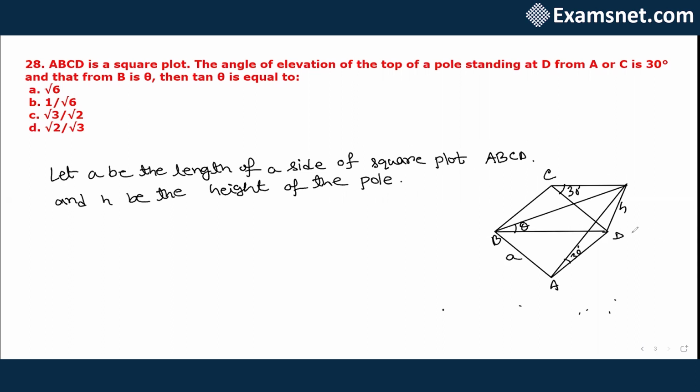And since the elevation of point P, say P, from the point A and from the point C is 30 degree, and that from B is theta, then we can say, considering the triangle PCD, in triangle PCD, we can write that tan 30 degree means what? Tan 30 degree means H by A, means PD by CD.